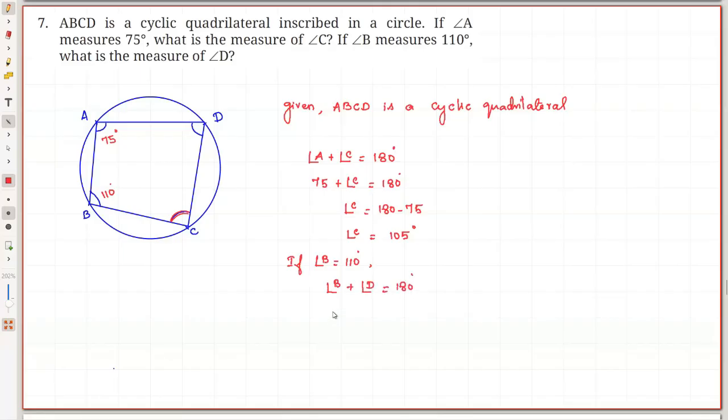Angle B is given, that is 110, plus angle D is equal to 180 degrees. Now angle D is equal to 180 minus 110, which is 70 degrees. So angle D is equal to 70 degrees. So that is the answer.